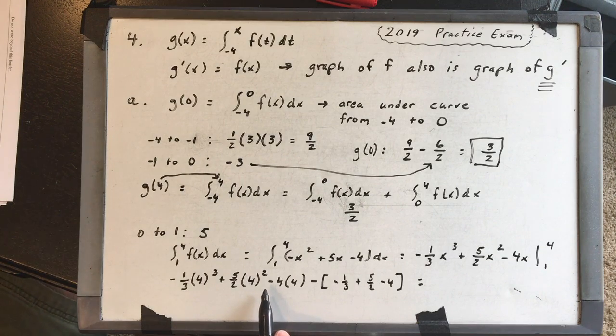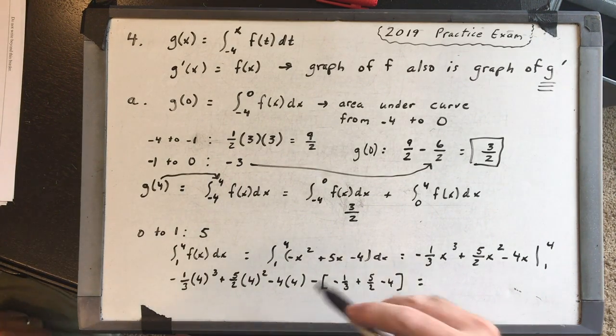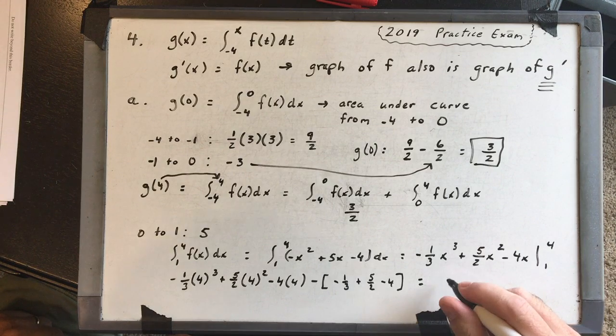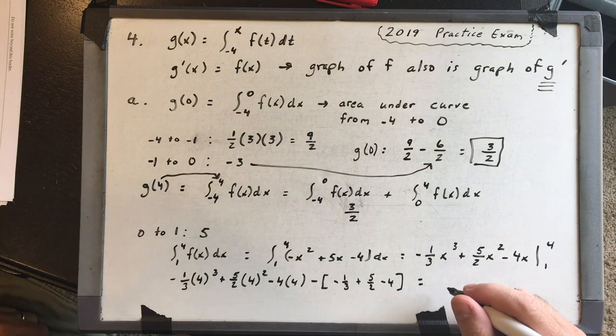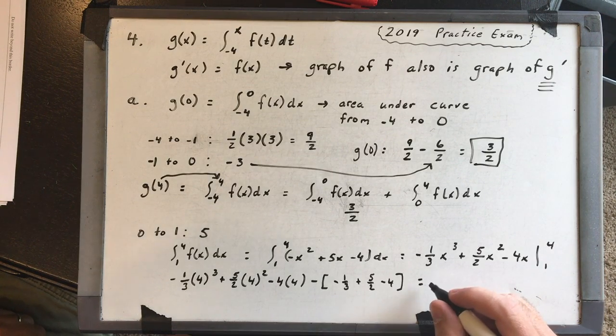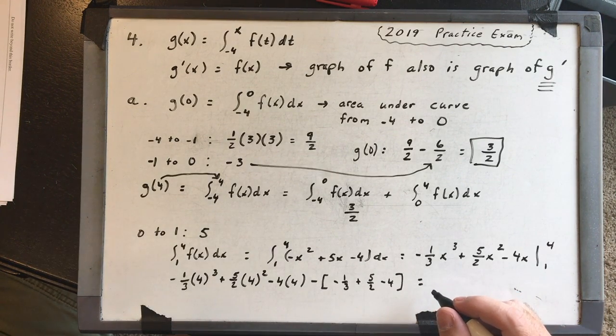But if you put all that in your calculator, you're going to see that it's going to end up being 8/3 plus 11/6. Okay, so that is going to be, let's see, 24 plus 11, so 25/6.